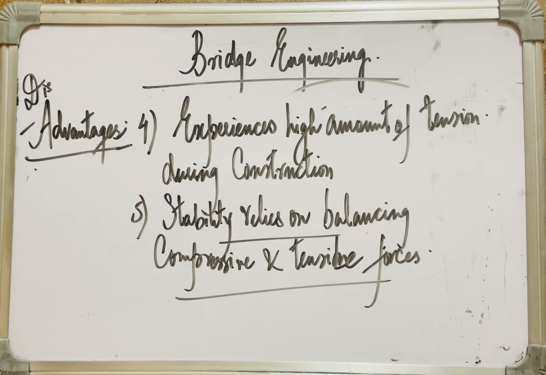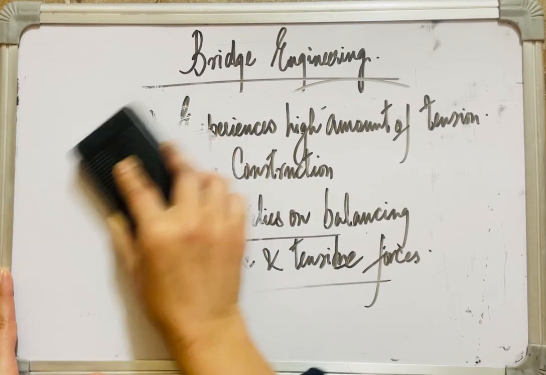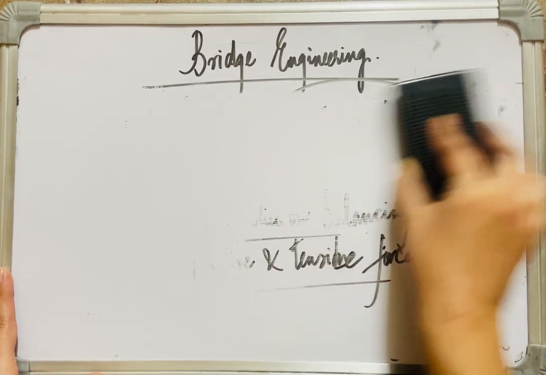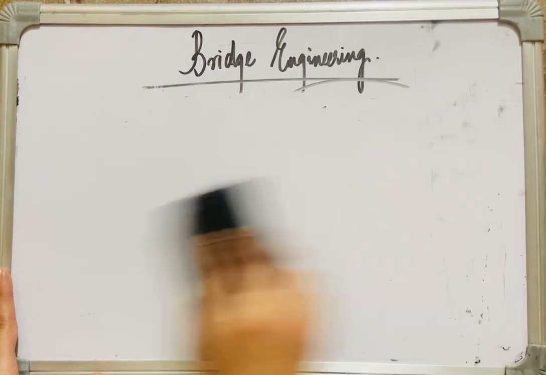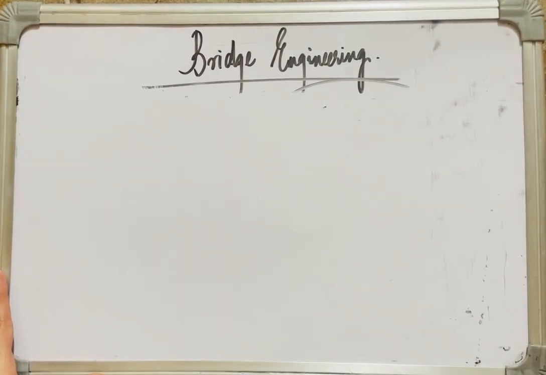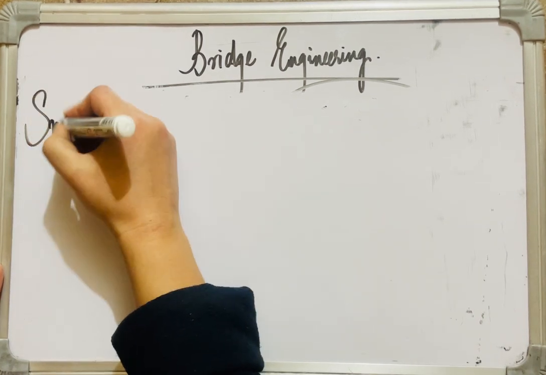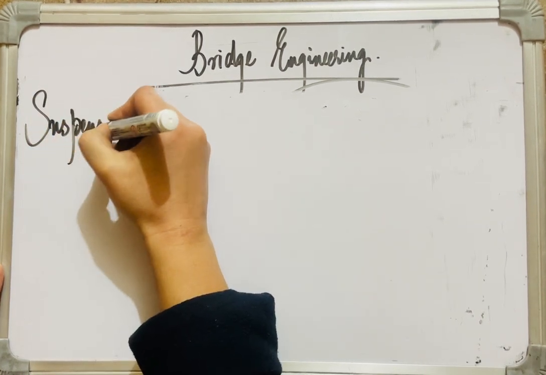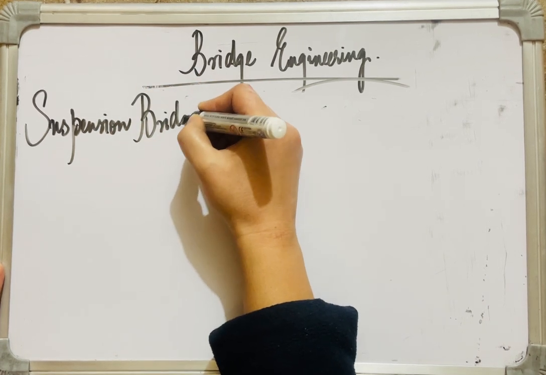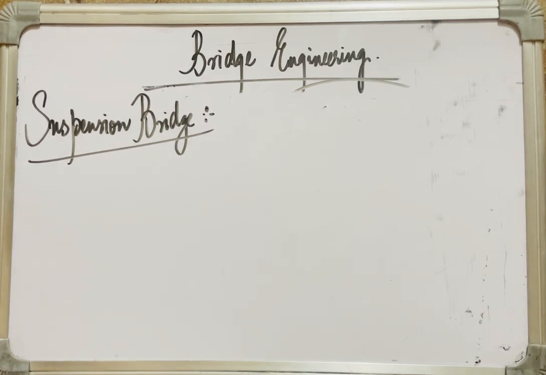All right, so let's move on and study the next basic form of bridges, which is a suspension bridge. Now, what is a suspension bridge?